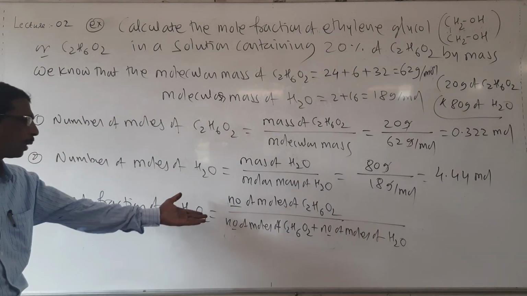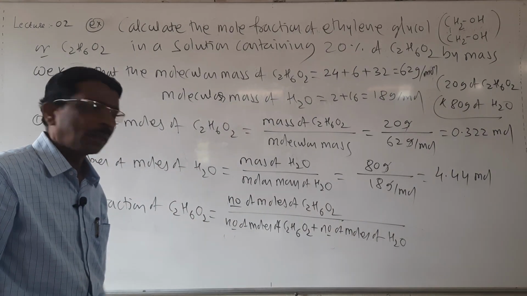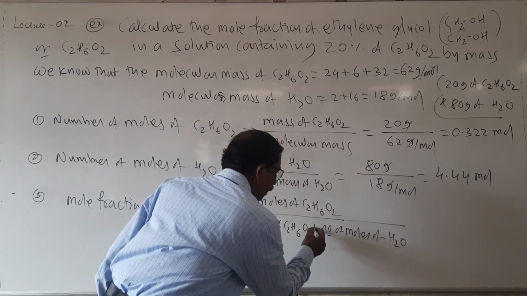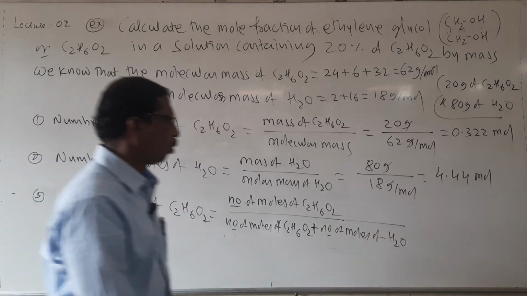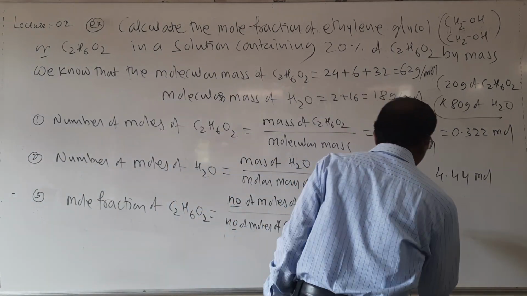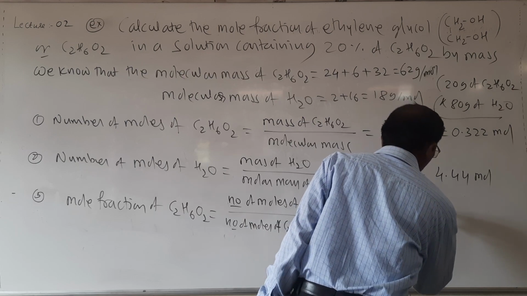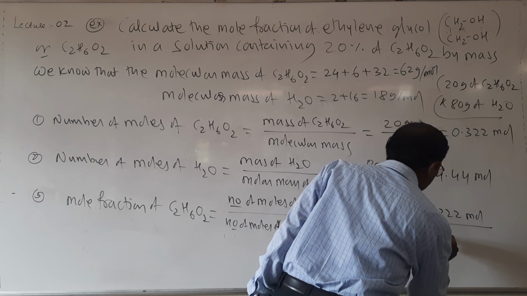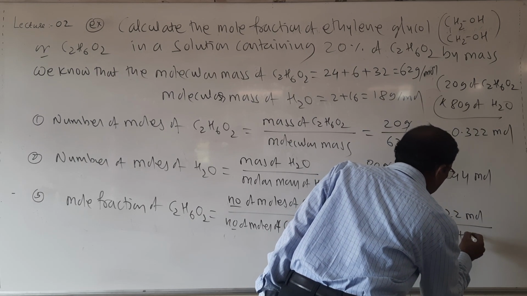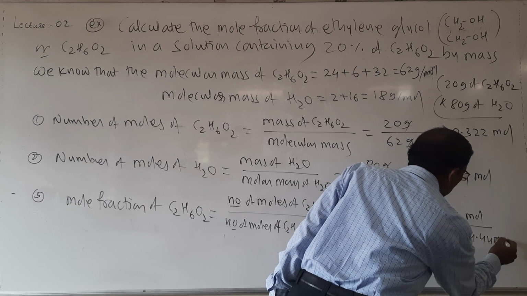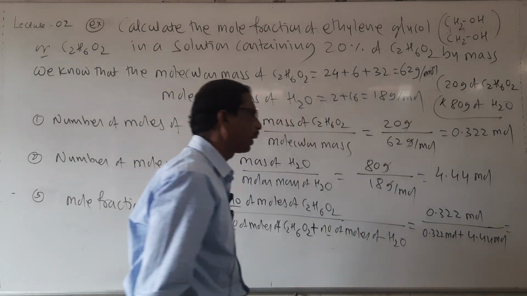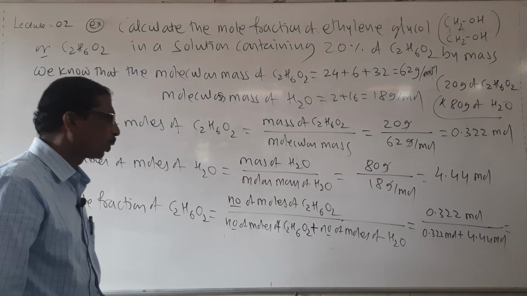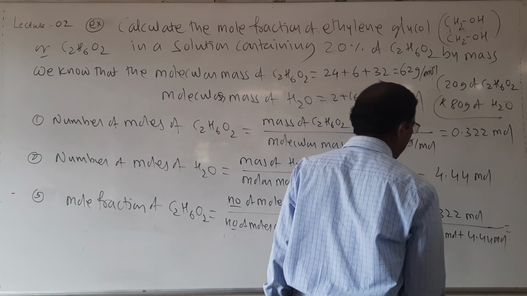Look here students, it is the definition: the ratio of the number of moles of one component to the number of moles of all the components present in the solution. So here the number of moles of ethylene glycol is 0.322 mole divided by 0.322 mole plus 4.44 mole. Therefore the answer is nearly 0.068.